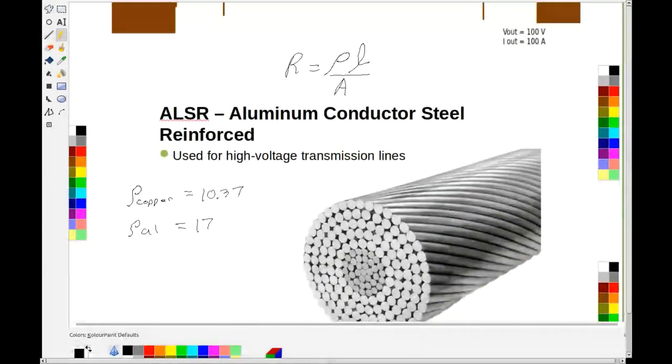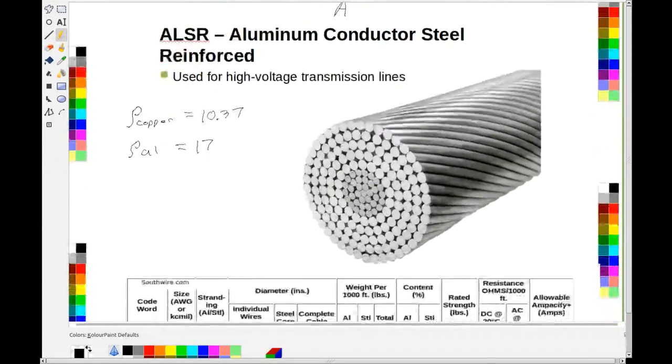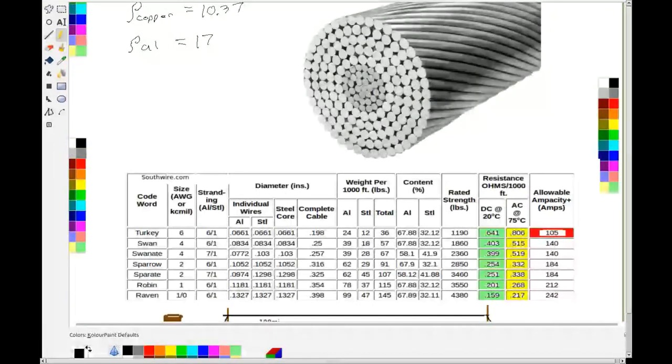They did some of that calculation for us. And so what they're giving us is the resistance in ohms for every 1,000 feet.